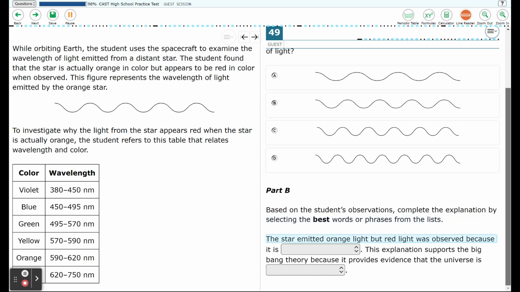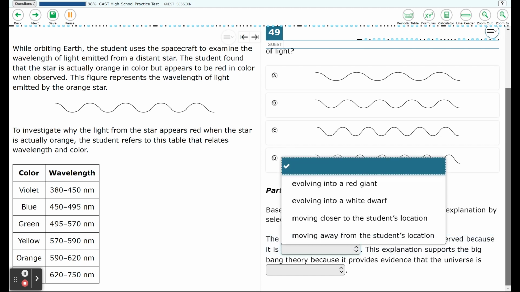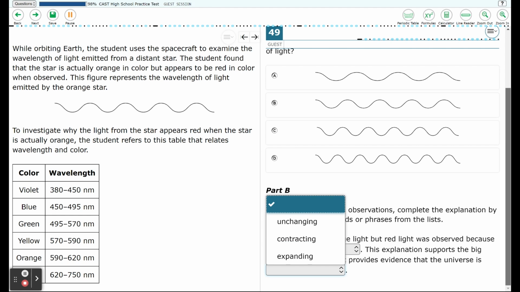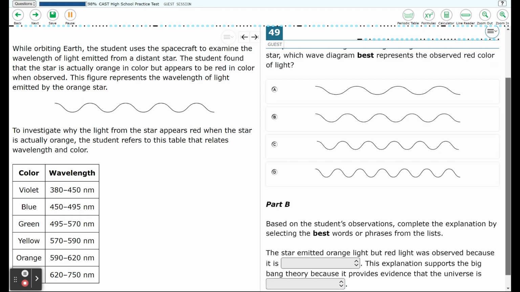The star emitted orange light, but red light was observed because it is evolving into a red giant, evolving into a white dwarf, moving closer to the student's location, moving away from the student's location. This explanation supports the Big Bang theory because it provides evidence that the universe is unchanging, contracting, or expanding. Select your answer, pause the video, and select your answers now.